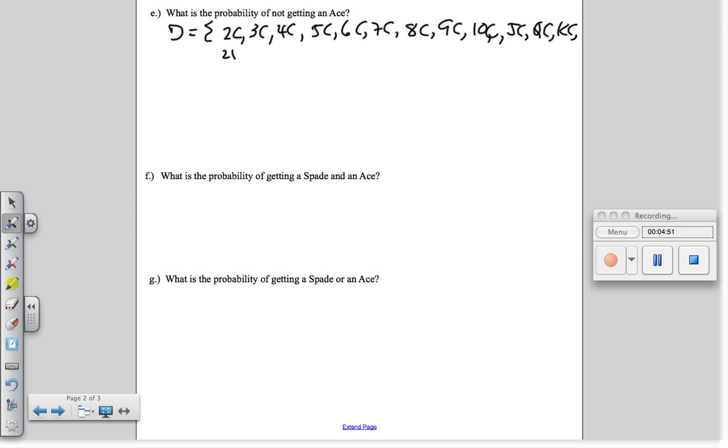We would also have the 2 of hearts, 3 of hearts, 4 of hearts, 5 of hearts, all the way up to the king of hearts, 2 of diamonds, all the way up to the king of diamonds, excuse me.